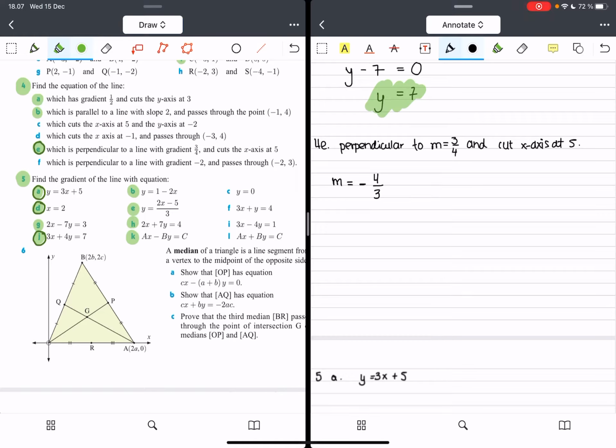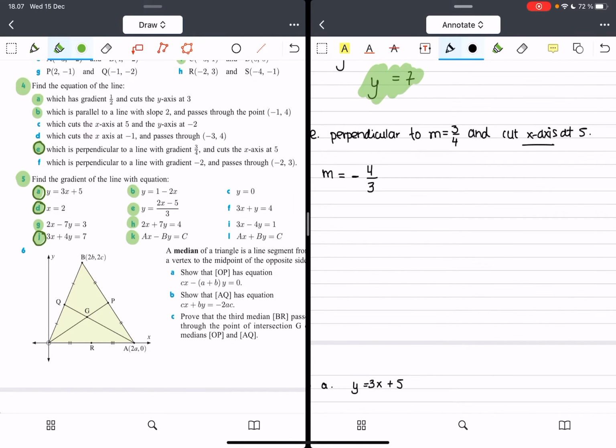And it cuts the axis at 5, which axis? The x-axis. So it will cut the x-axis at 5, meaning that you will have a point where the x-coordinate is 5 and the y-coordinate is 0. So the point that you have is (5, 0).